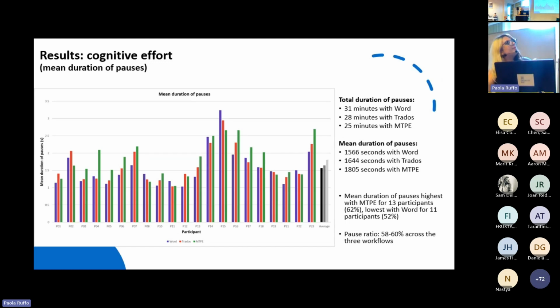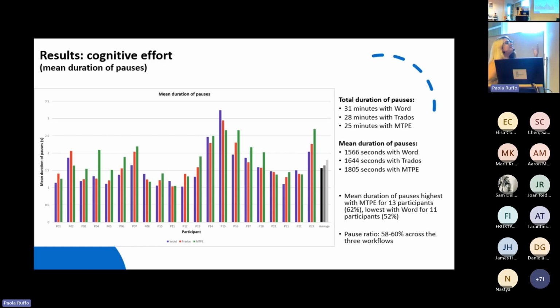However, when we look at how long the pauses lasted, you can see that on average it was 31 minutes with Word, so 31 minutes out of the total translation times were spent on pauses rather than typing. 20 minutes with Trados, 25 minutes with post-editing. When we look at duration, you have an average of 1,500 seconds with Word, 1,600 seconds with Trados, and 1,800 with post-editing.